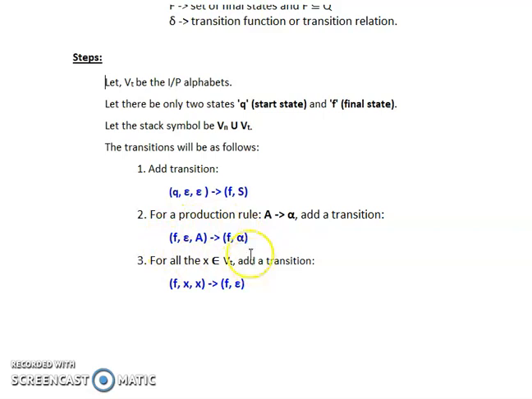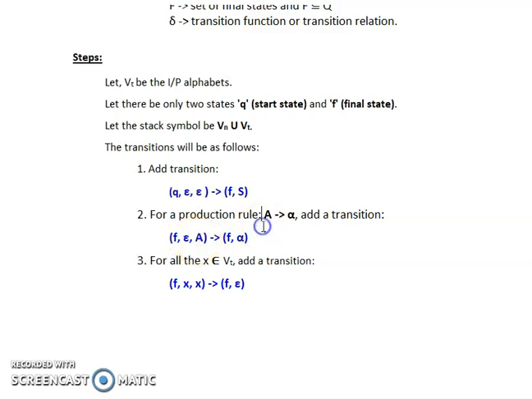Let me repeat it once again so that you are clear with it. For a production rule which is of this particular format where A is a non-terminal and alpha is a combination of terminals plus non-terminals, you are going to write a transition in this particular form. In this transition, f is the final state, epsilon is your input symbol, and A is at the top of the stack.